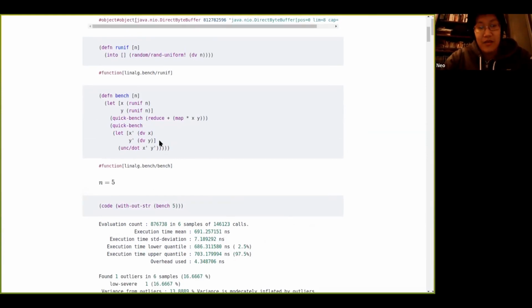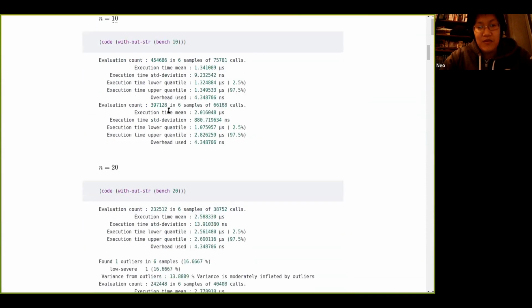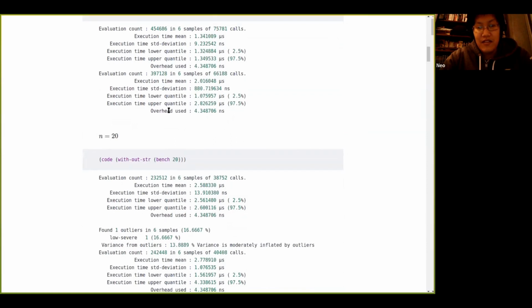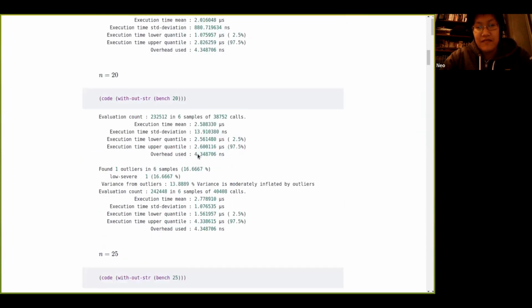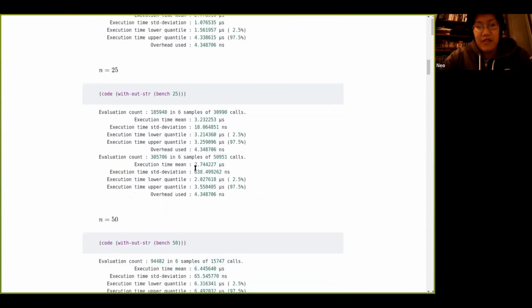The reason it takes so much time is because you need to transform your vector into a native vector and then use the function. I did this experiment for multiple sizes, and what you observe is that already at 20 or 25 you are break-even. Starting at 25, Neanderthal starts to be faster than the simple Clojure solution.